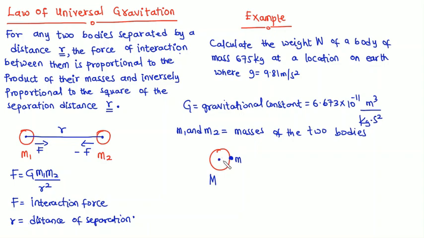We consider the distance between the center of earth and that of the object to be equal to r, which is approximately the radius of earth. So in this case our r, the distance between the centers of the two masses, will now be equal to the radius of the earth.